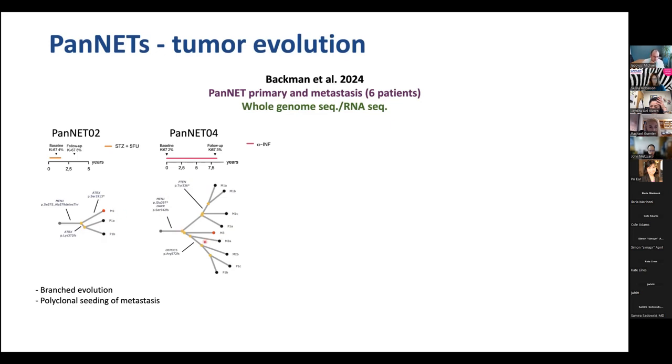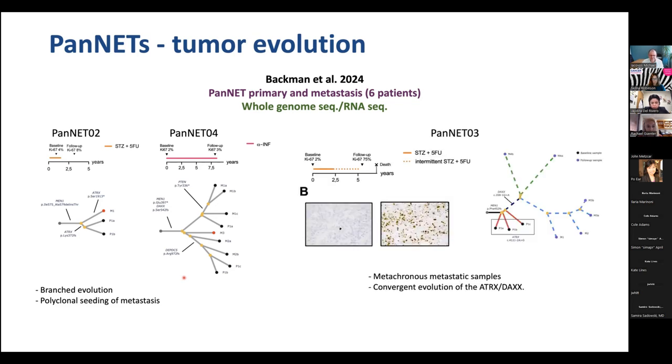And in patient 4, again, the first branch is MEN1 and DAXX mutation, but then when you look at the 2 branches from there that seed metastasis, one of them has a PTEN mutation, and the other one has a mutation in this gene, the PTC5. So we do have a branched evolution, and it seems that in this case, they have a polyclonal seeding of metastasis. So really highlighting the really complex biology of neuroendocrine tumors.